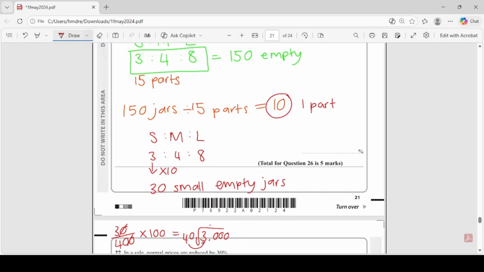How many times does 40 go into 3? It does not. How many times does 40 go into 30? It does not. How many times does 40 go into 300? So that is, sorry, 40, 80, 120, 160, 200, 240, 280.